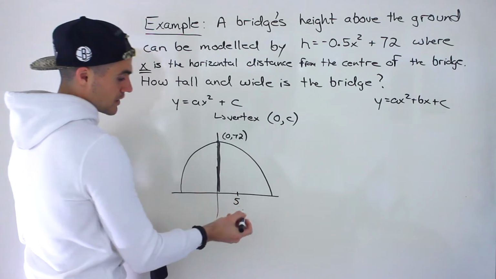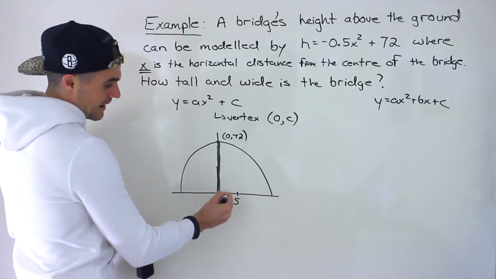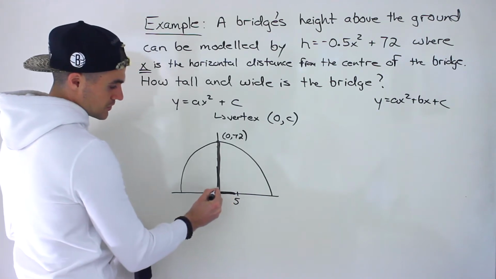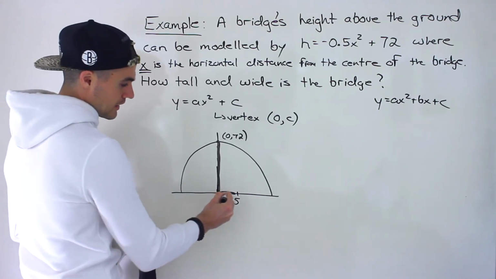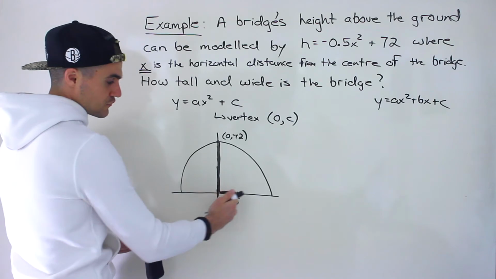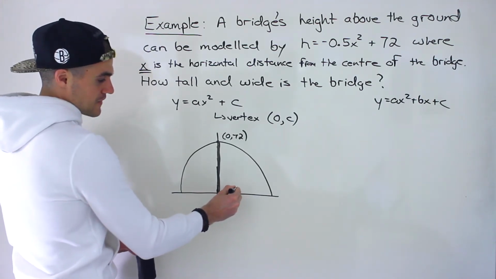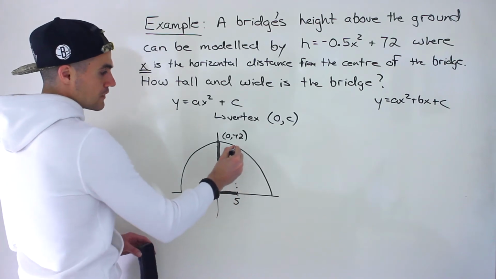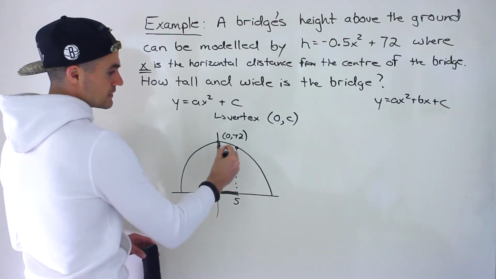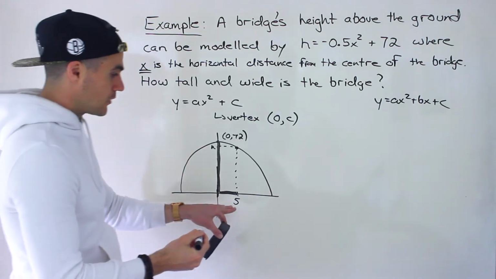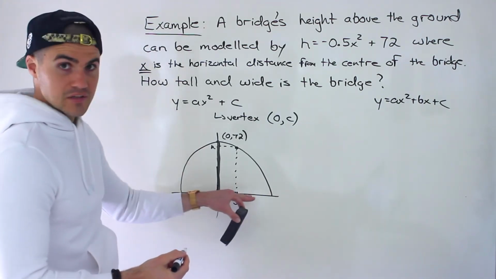This 5 represents the horizontal distance from the center of the bridge, and at this x value of 5, we're going to have some kind of height right there.